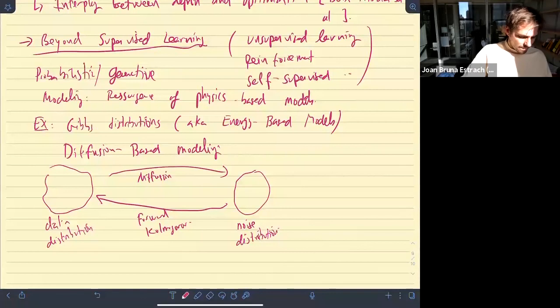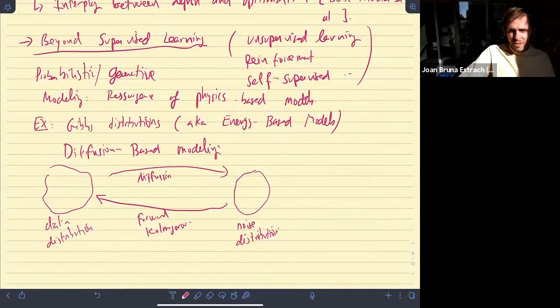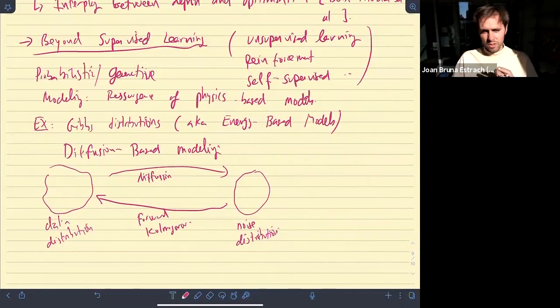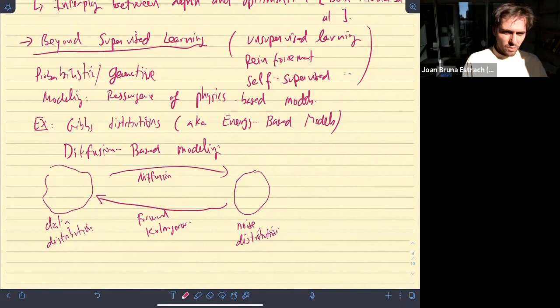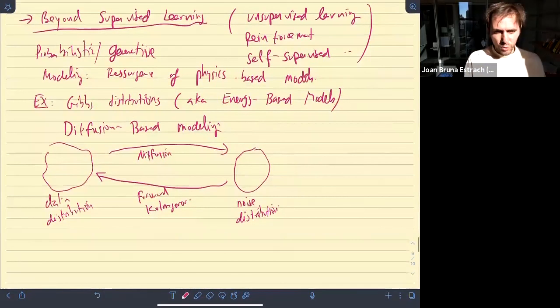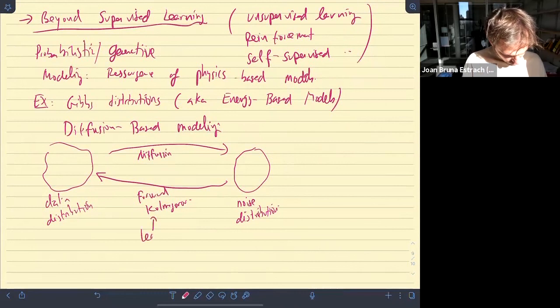So basically, the idea in words is that it's very easy to take something that has structure and remove the structure by adding noise. There's recently been a bunch of interest in generating images by learning how to invert the diffusion, how to denoise, right? So this is where the learning happens.